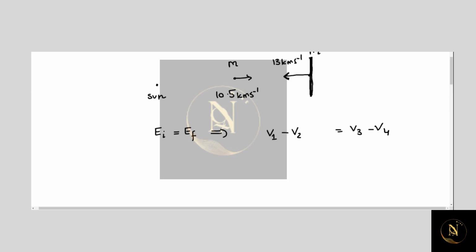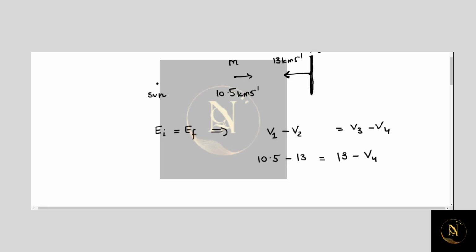That gives v1, which is 10.5, minus 13 is equal to v3, the speed of the barrier after the collision. Since the barrier has a much larger mass, its speed is not affected by the collision, so that remains 13 minus v sub 4.